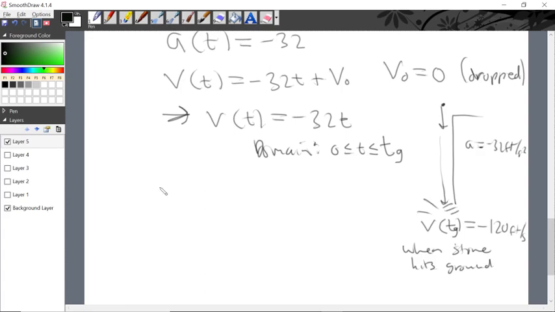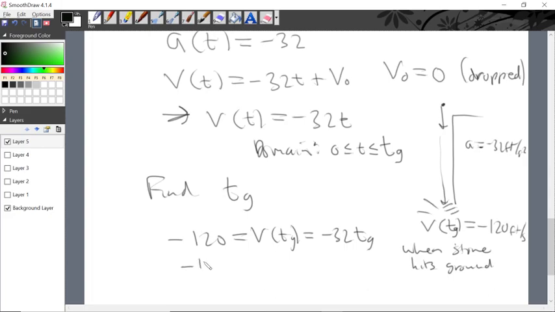So what time is that? Find the value of the time when it hits the ground. We can find that value because we know it's going to equal negative 120. This is a given condition. Negative 120 is equal to v of tg, which is equal to negative 32 tg, and we can solve this.